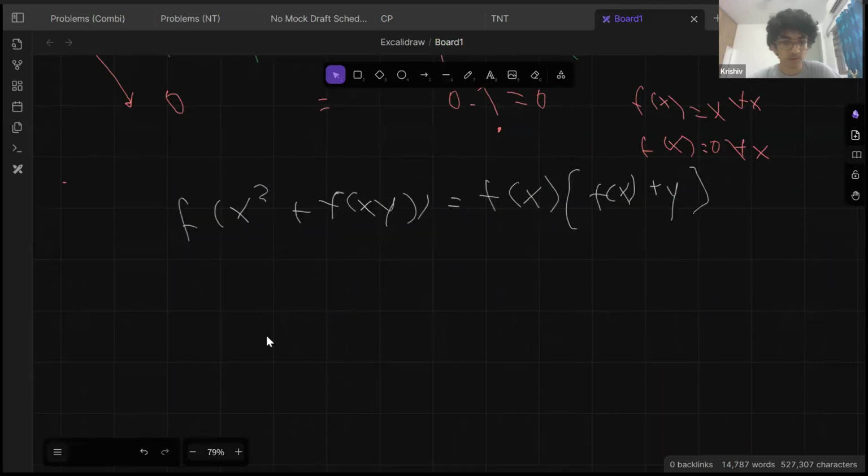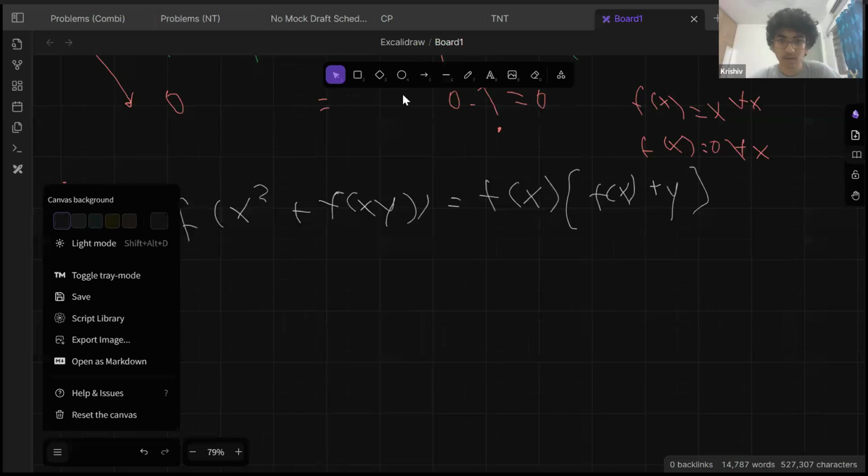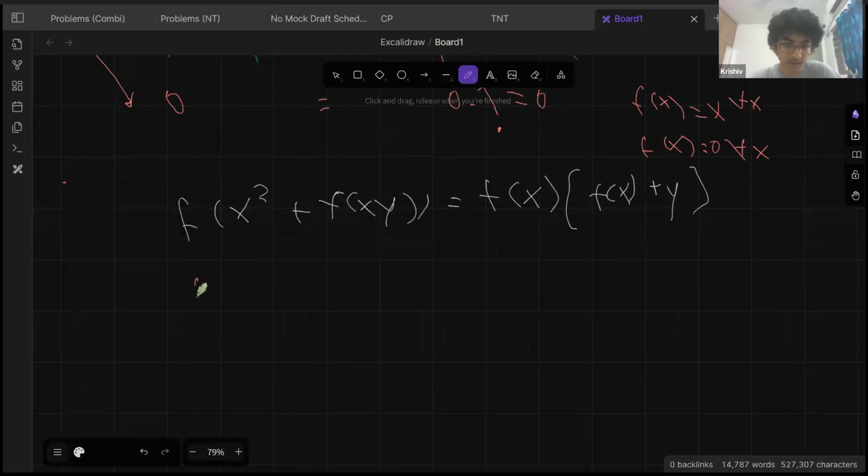Okay. So what I'm doing is, I want to check that f of x is equal to 0 works, right? And if f of x is 0, then I know that f of this thing, like f of x squared plus f of xy, will also be 0 because it's some x, right? Maybe I should say f of z is 0 for all z.